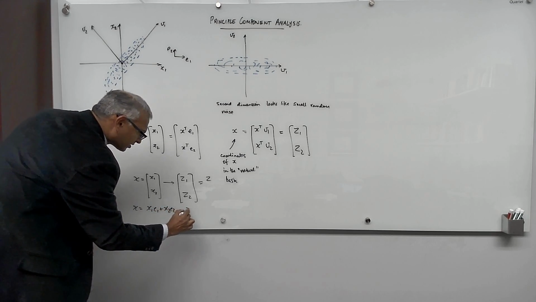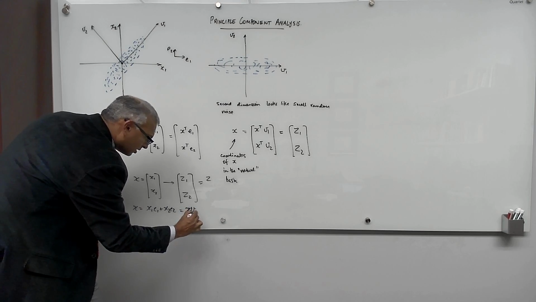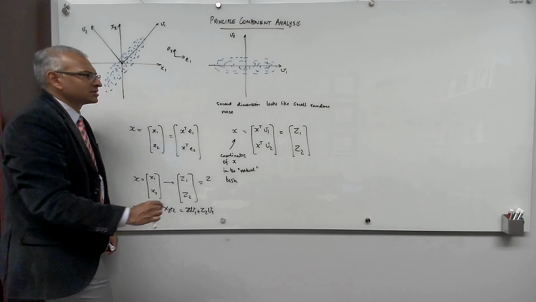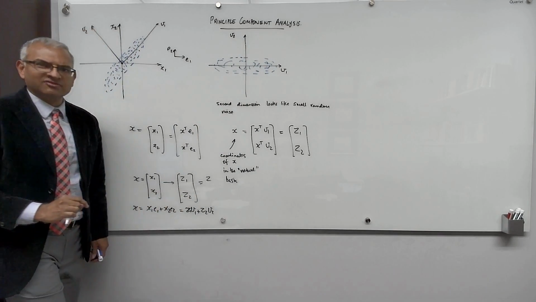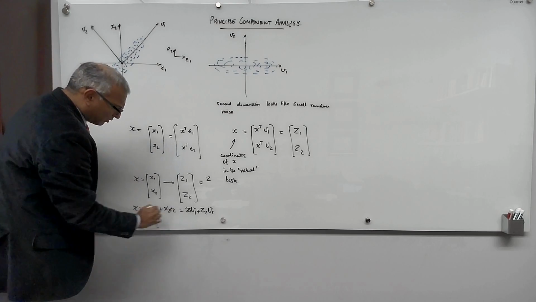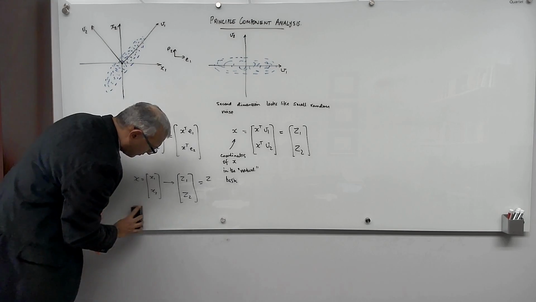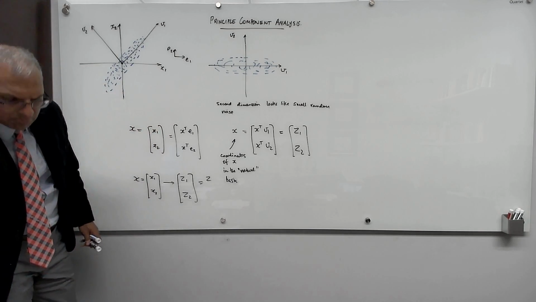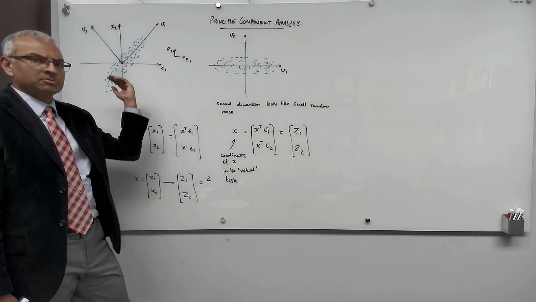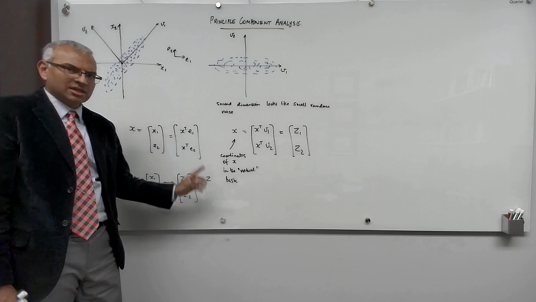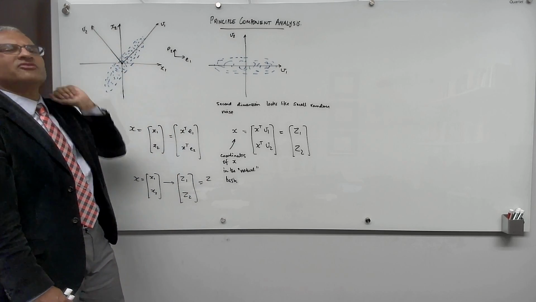It's also equal to Z1 V1 plus Z2 V2. So as long as you know the basis V1, V2, in other words you know the rotation, you can recover the vector x. But for the moment, it's not that important that this is an invertible, no information loss transform from x to Z that is captured by just a rotation of axes.